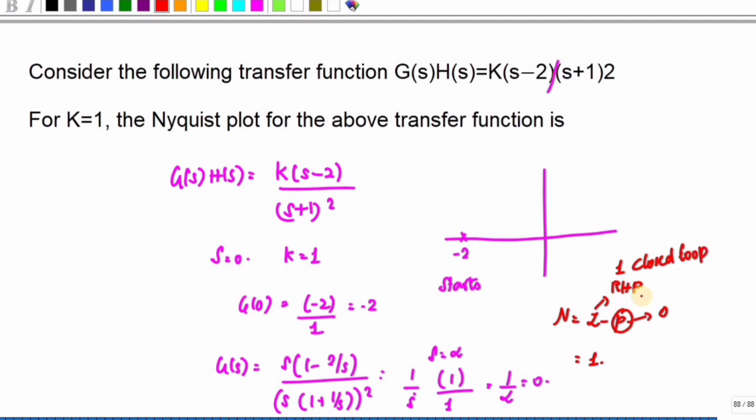So 1 minus 1, I will get the answer as 0. So it is nothing but an unstable system. It starts from −2 and goes in this direction to reach again −2. So this is how I'm going to plot the Nyquist plot, and the direction also like this.